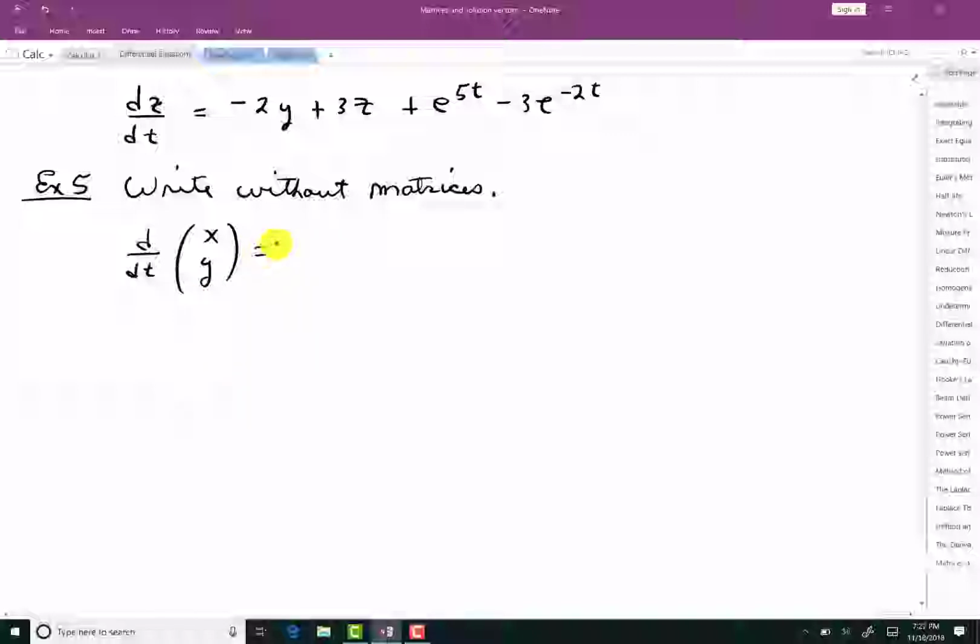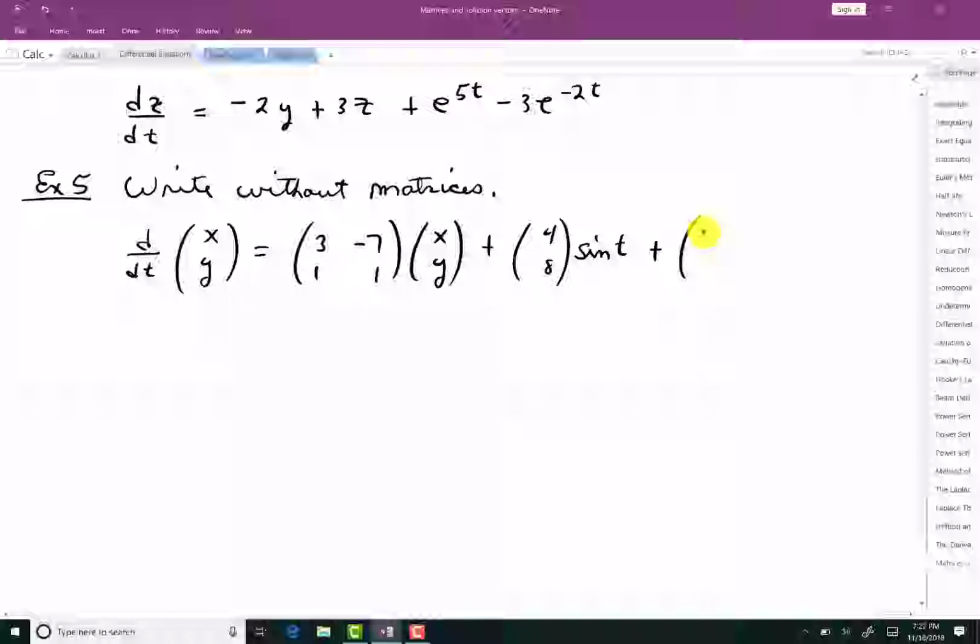And this is supposed to equal 3, negative 7, 1, 1, times vector xy, plus 4, 8 times sine of t, plus t minus 4, 2t plus 1, times e to the 4t.